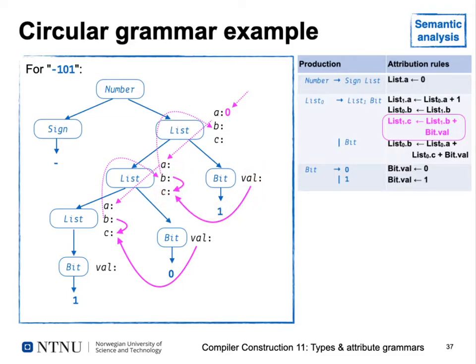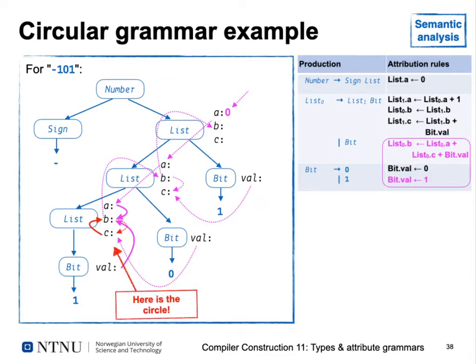Now maybe you already see where the problem is, but let's take a look to see if we can find this in a bit more drastic way. And here it hides. So the cycle is here. So essentially we have a dependency of the attribute B of a list element at a certain level in our graph to the element C, and the other way around.